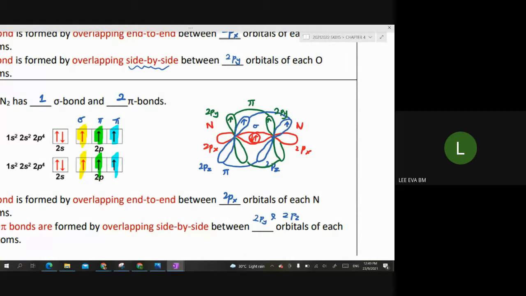Okay, to show that they are overlapping. I don't know whether I'm answering your question or not, but try to connect. Madam, earlier you said 2py, 2px, any one is okay, right? Whichever, X, Y, or Z is fine. If you use this one as Y, the others are X and Z, it doesn't matter because they have the same energy. As long as we can differentiate, right? Yeah, as long as you can differentiate them. Correct.